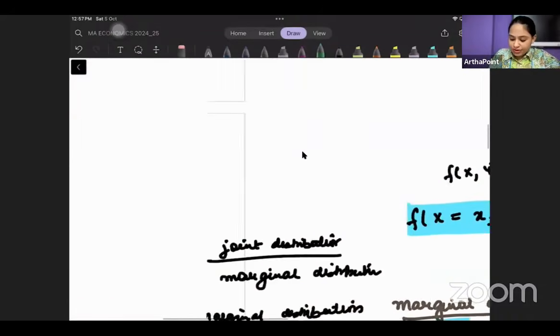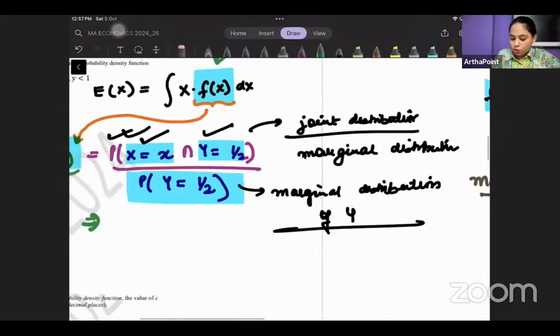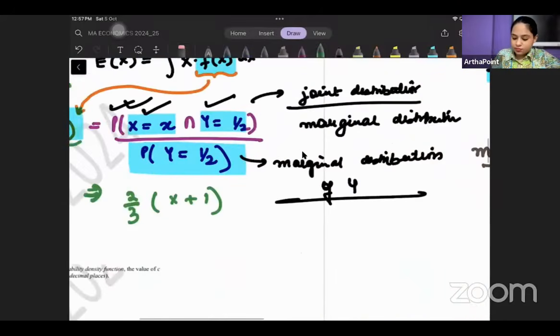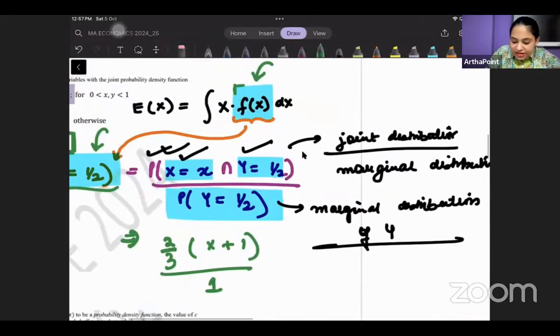So this probability, this figure, ultimately, this will come out to be 2 by 3 x plus 1 upon 1. This is the final probability that needs to be plugged in here. Then you will find the expected value.